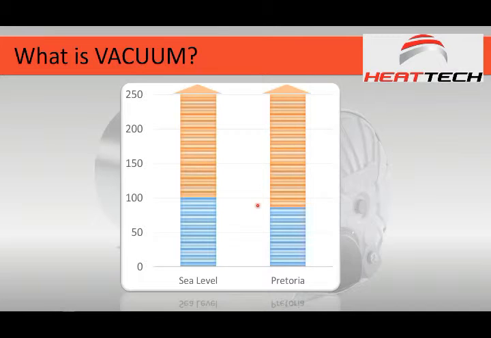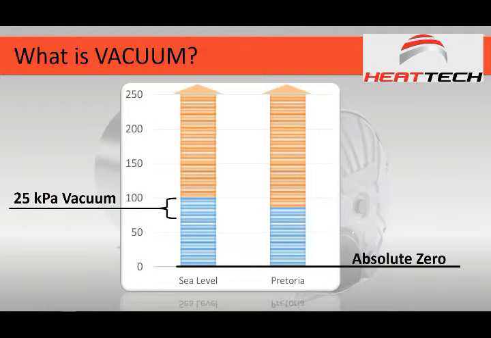At sea level, at coastal level, the ambient pressure is higher, about 100 kPa. Now vacuum is the difference between the ambient pressure and absolute zero. Absolute zero means the air molecules are so far apart that they don't apply pressure on the environment around them anymore.